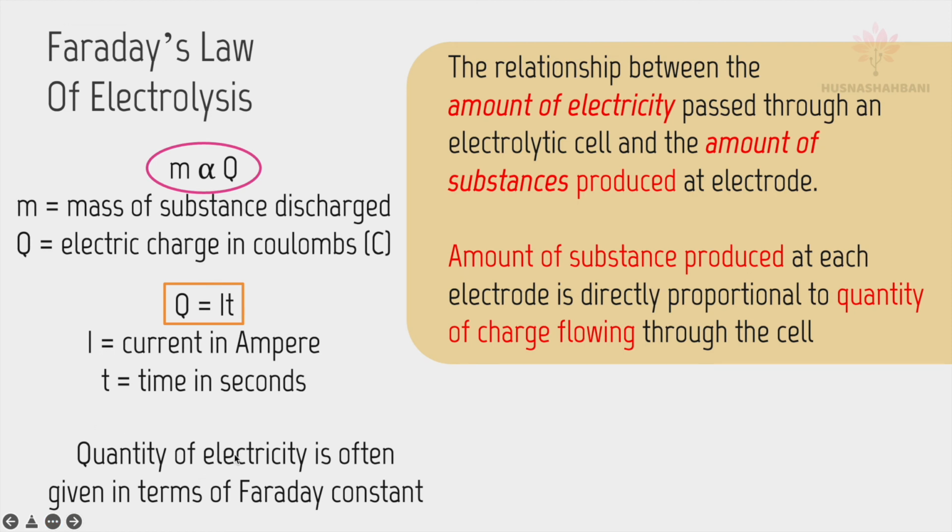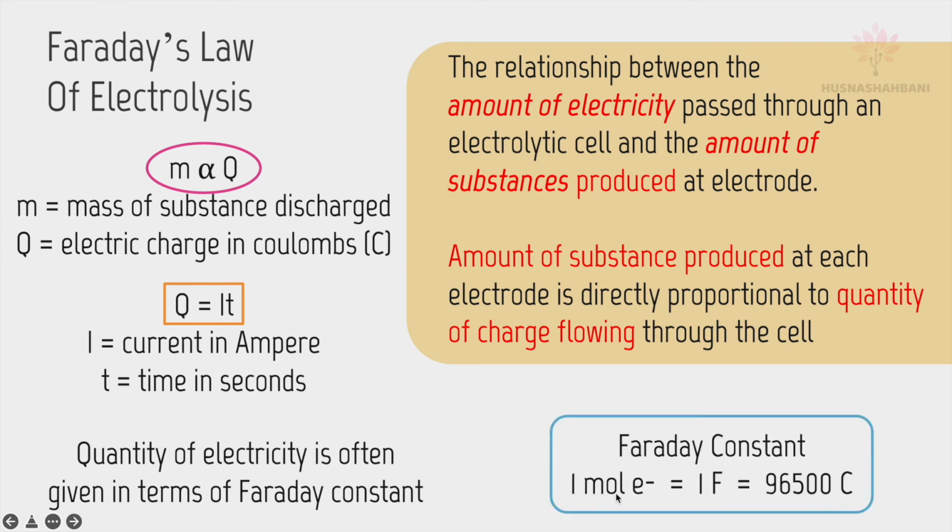Quantity of electricity is often given in terms of Faraday's constant. What is Faraday's constant? 1 Faraday equals 1 mole electron. 1 mole electron equals 1 Faraday. It is equal to 96,500 coulomb. This is the electric charge, the value of Q. 1 Faraday, value of Q, 96,500 coulomb.